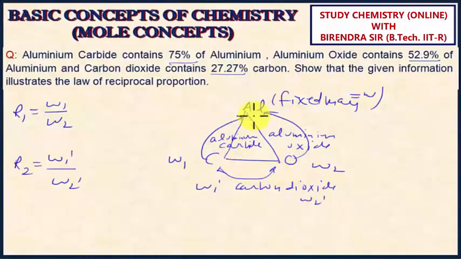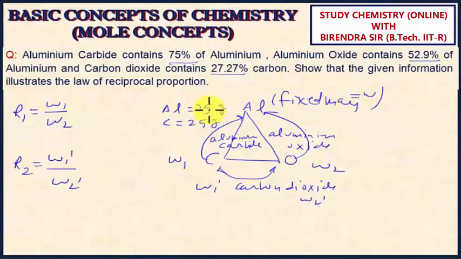What is the data given? In aluminium carbide, they have given the aluminium percentage. So aluminium is 75 if I take, then carbon will obviously be how many grams? 25 gram. Since you have fixed aluminium W gram, you have to find the mass of carbon that is there with W gram of aluminium.